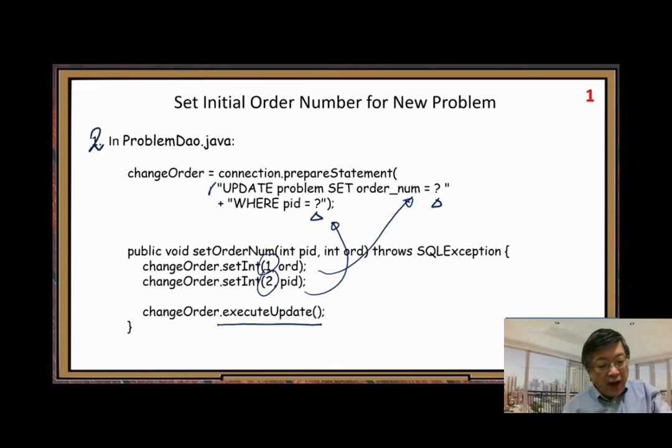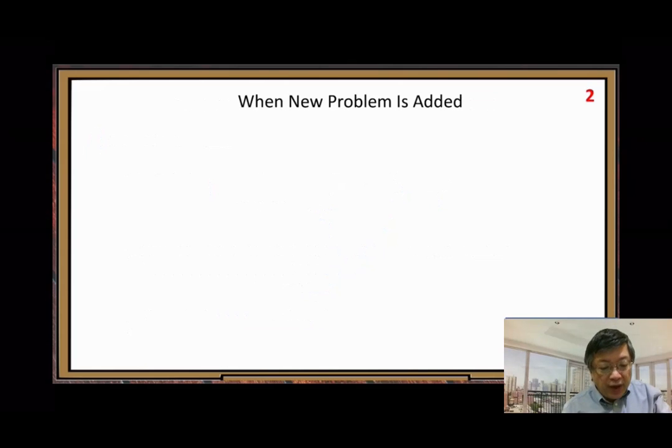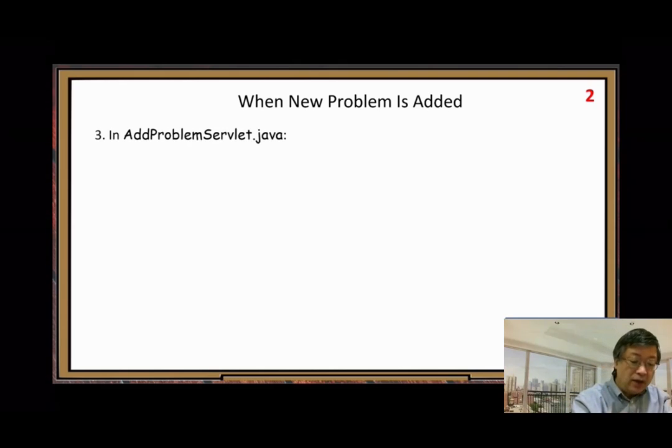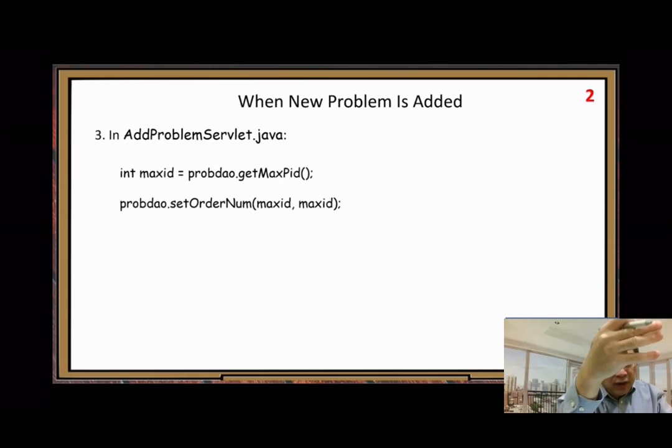Then the last step, step number 3, when a new problem is added, we call those 2 methods to get a change. Let's do it in add problem servlet.java. We find a place right after we add a new problem, and then we do this. First, we get the maximum ID, the PID in that table, which is the PID for the newly added problem.